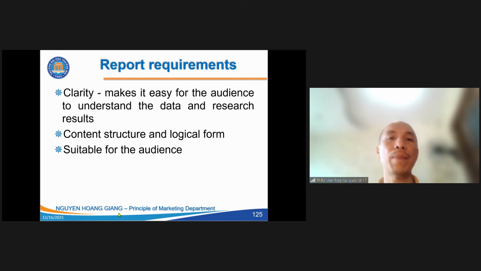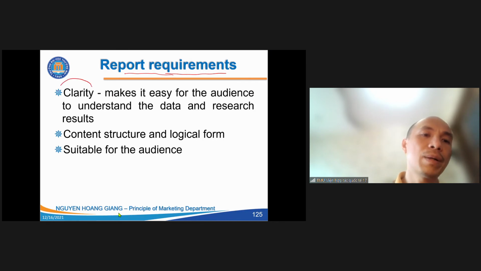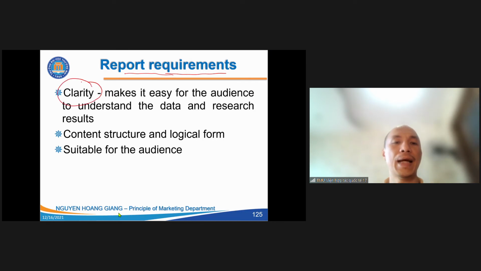So it's very important that if we want to have any conclusions, they must be based on the way we get the data and information. And for the reports, there are 3 requirements for any report that we do. Firstly, it must be of good quality, in structure and logic. It must be very clear, well structured, and have good logic. Otherwise, people find it difficult to understand, and sometimes they can have arguments with us.